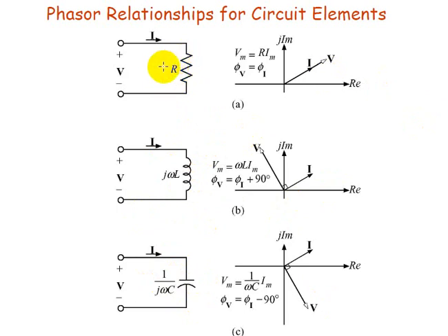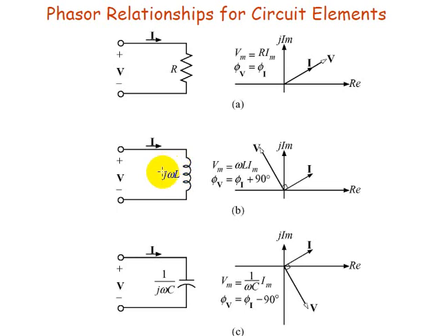This is the impedance of resistor, which is R, and the impedance of inductor is j omega L, and the impedance of capacitor is 1 over j omega C. You can also write it as minus j 1 over omega C, or minus jX_C for capacitor, and for inductor you can write jX_L.